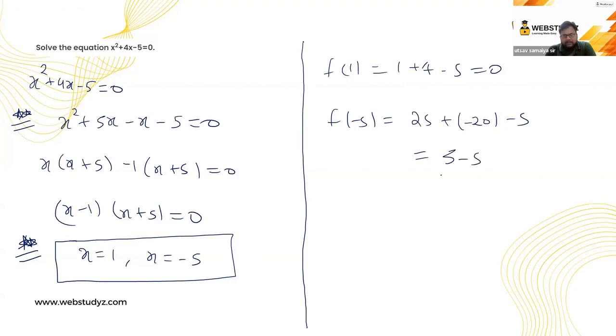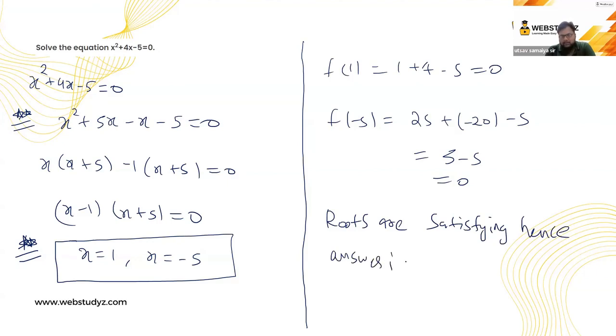So 5 minus 5 is 0. Roots are satisfying. Hence, answer is 2.